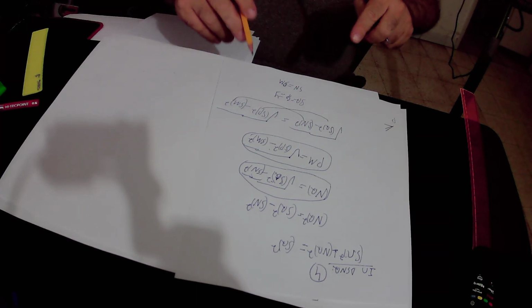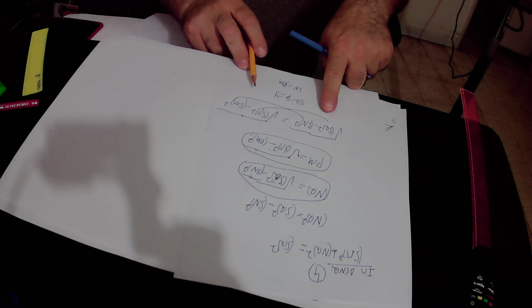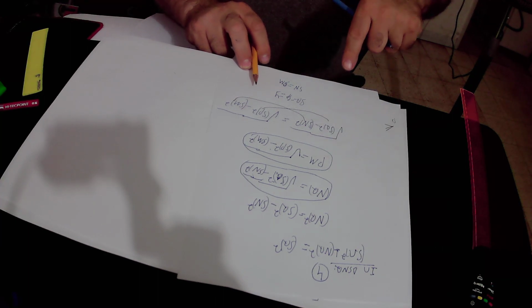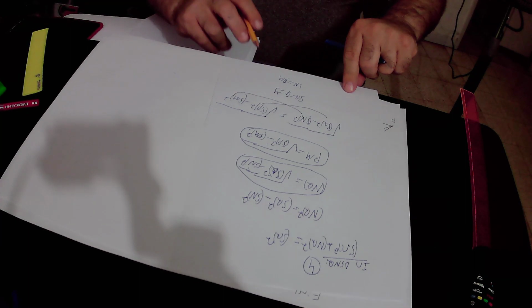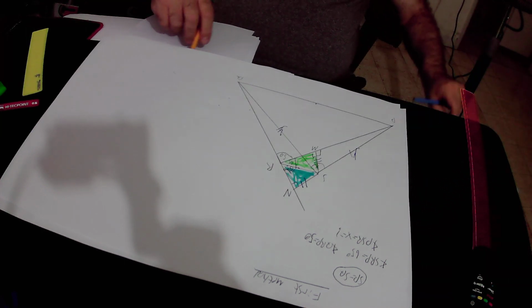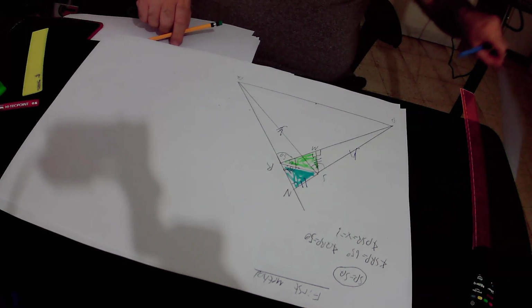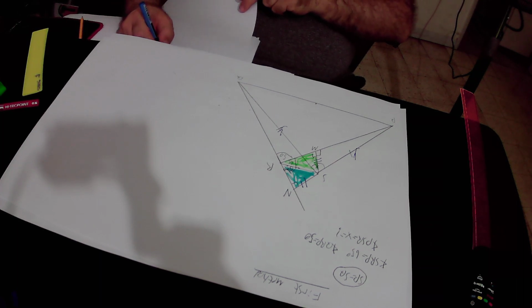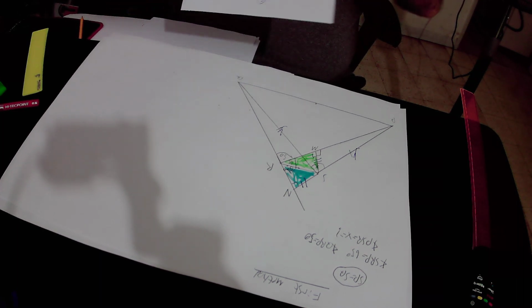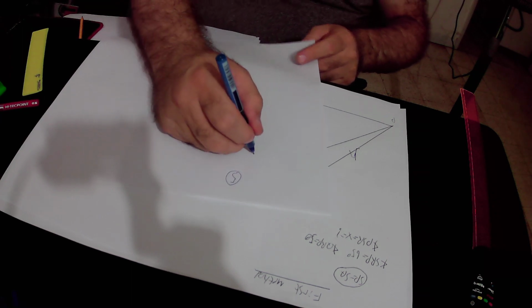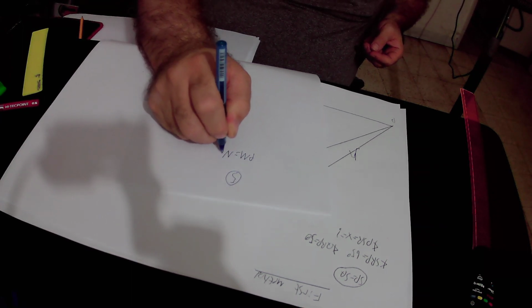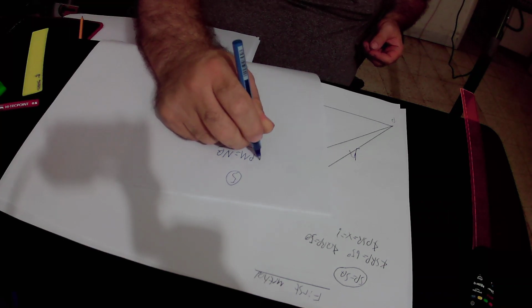So we found out that those two expressions are equal to each other. That is to say, NQ is equal to PM, or PM equals NQ. So we found out that PM is equal to NQ.